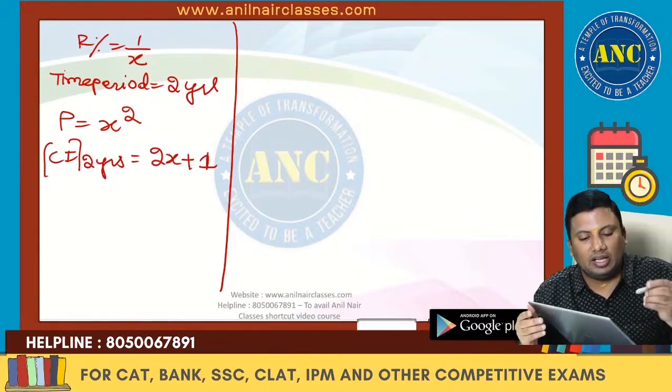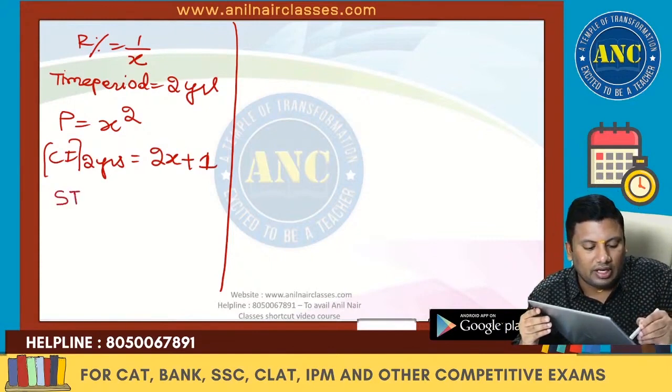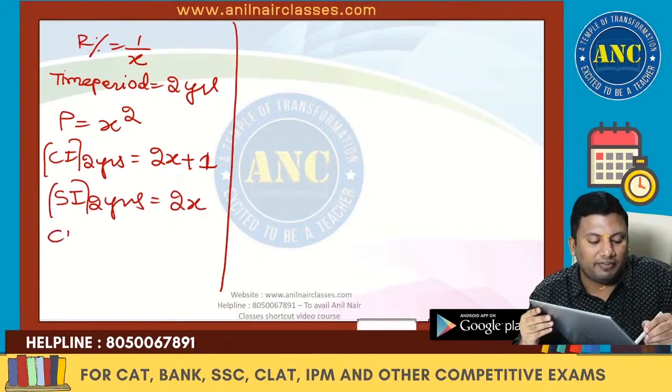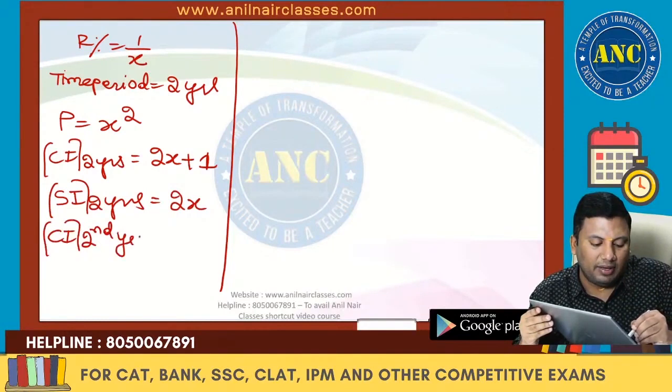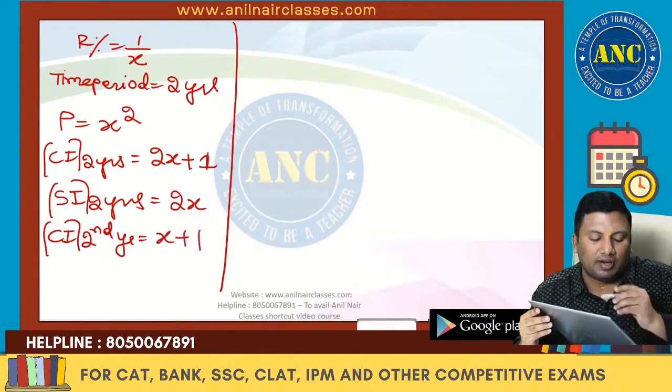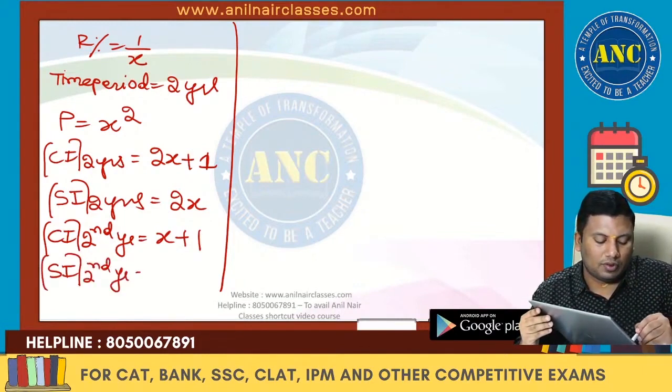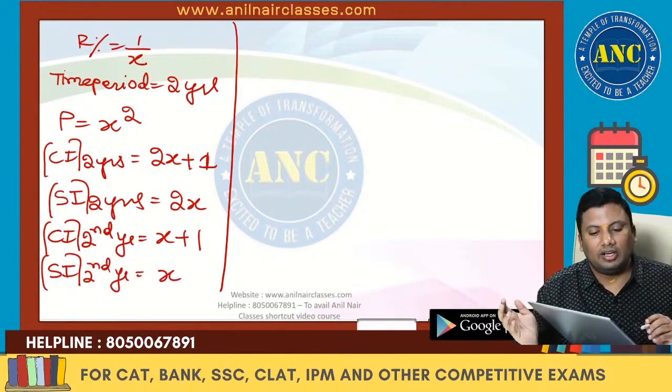I hope it is clear. Right? Then SI for 2 years will be 2x. CI for the second year will be x plus 1. SI for the second year will be x. All the values we have done.